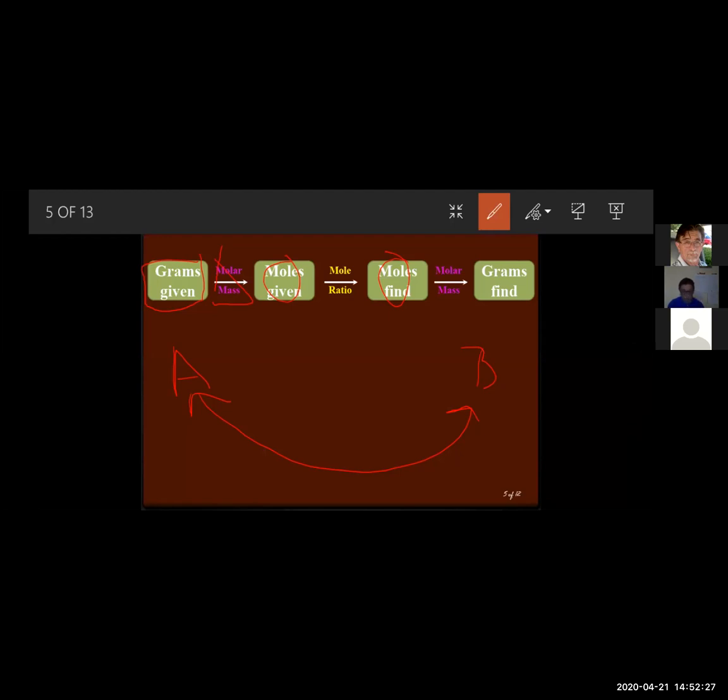From the balanced chemical reaction, we get the mole ratio. Be it 1 to 1, 2 to 1, 3 to 4, whatever the balanced chemical reaction tells us. From the mole ratio, then we get the number of moles of what we're looking for, what we're trying to calculate. And from the molar mass of what we're looking for, we can finally get to the grams of the material, okay?